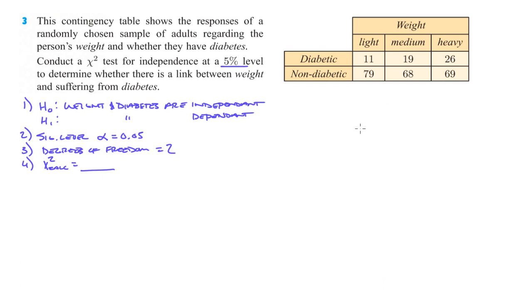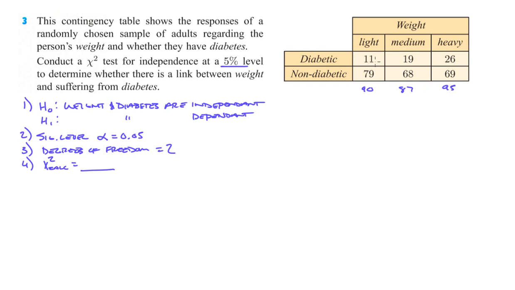Okay, so just to show you how to do each cell by hand, just in case it happens to show up on the IB test, what you want to do is add up the totals in each column and in each row. So 79, 89, this is a total of 90, 68, 78, what's that, 87, 69, 79, 89, 95.